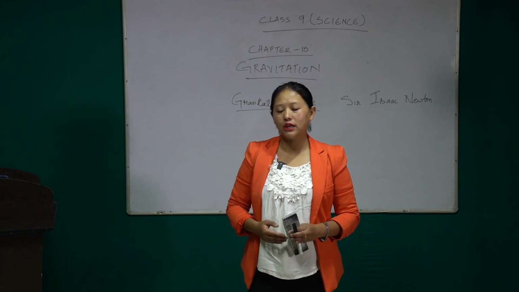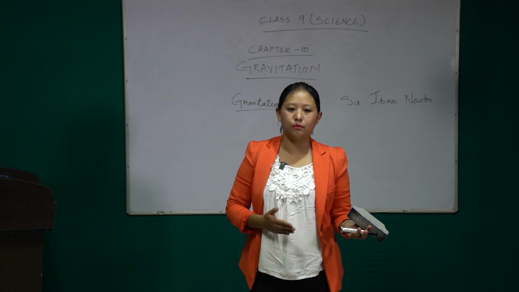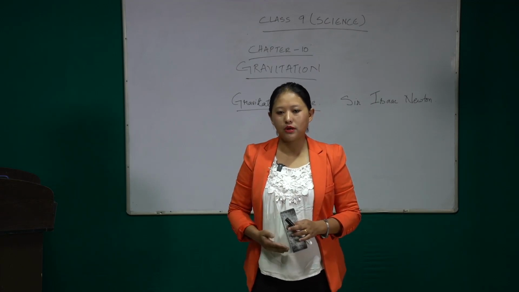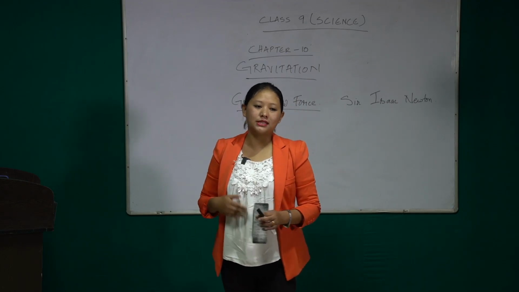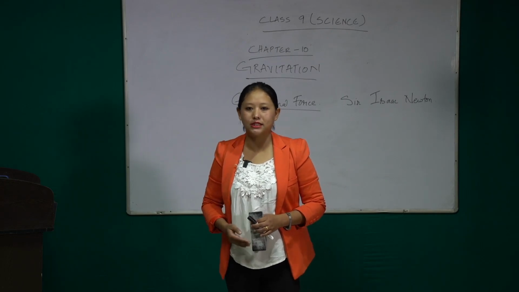He was born in a poor farming family. That means his parents were poor and they were farmers. Even though his parents were farmers, Sir Isaac Newton was not very good at farming, so he was sent to study at Cambridge University in 1661.